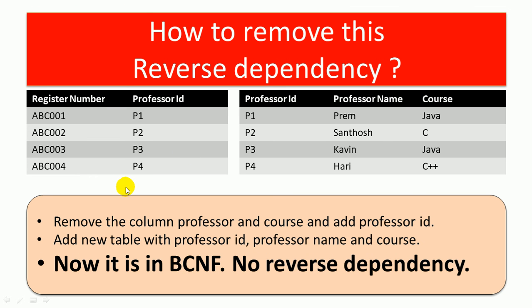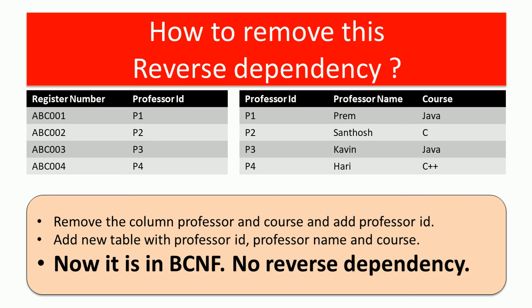So this is our idea behind. We will have register number and professor ID in a table, and professor ID mapped with his exact professor name and the course that he handles. So this will be in the second table. So for the first table, what will be the primary key? The same concept. If I give ABC 001, will I get a single record as output? No, because a single student will register for multiple courses, so under multiple professors.